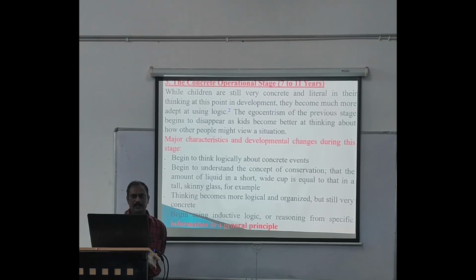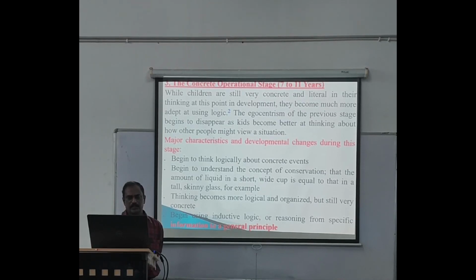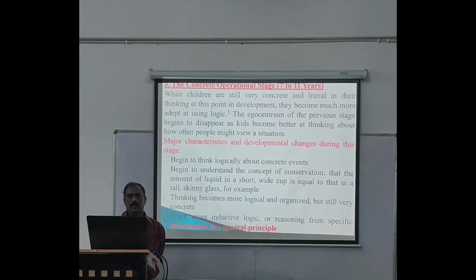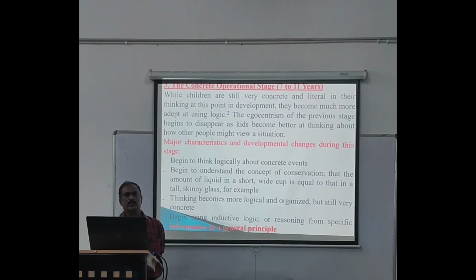They begin using inductive logic, or reasoning from specific information to a general principle. We know there are two types of scientific methods. One is inductive and the second one is deductive. Inductive is where we finally induce something at the end.